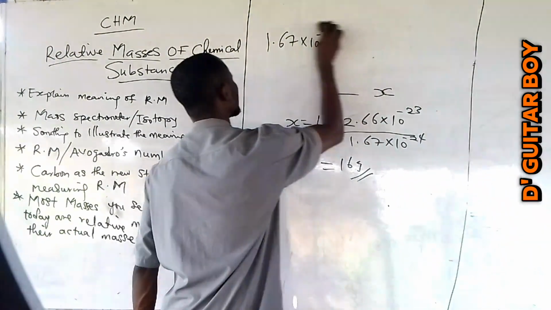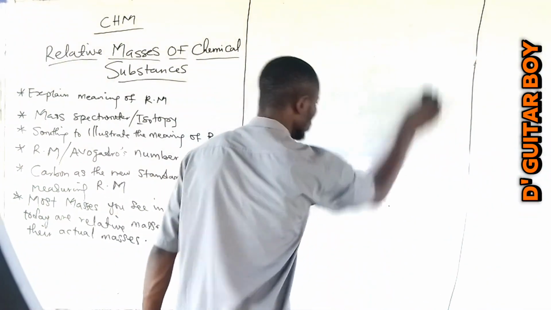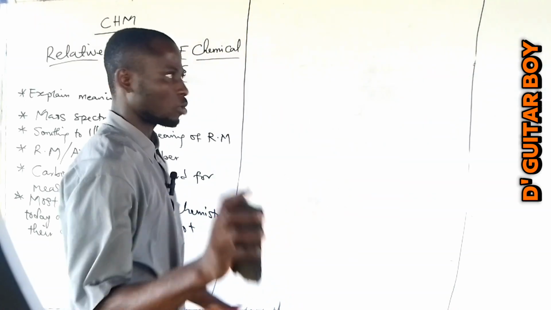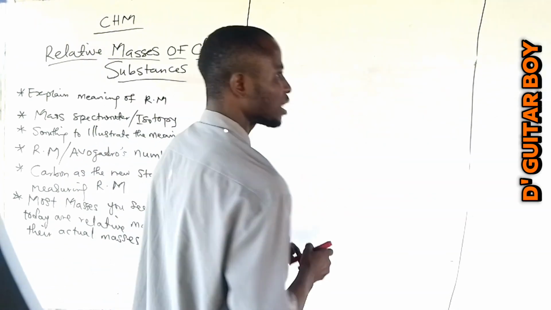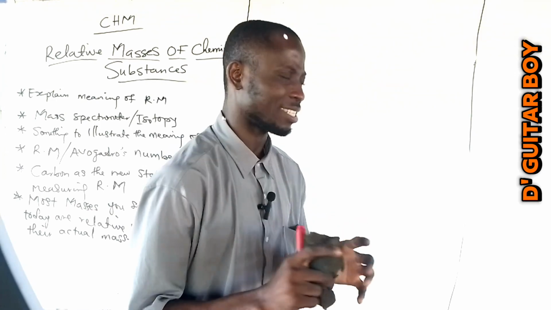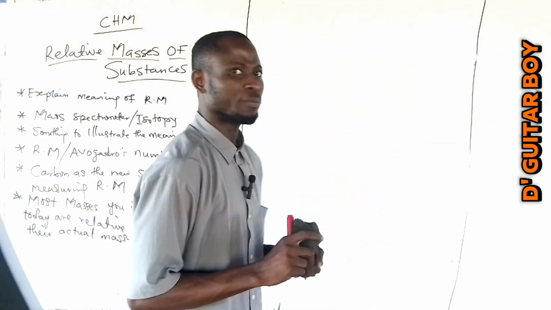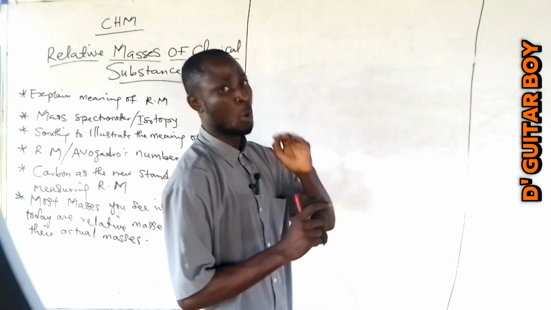Now, if we use carbon today, look at what happened. Carbon is not the lightest. Hydrogen is the lightest. And mind you, you know from the beginning that we want all our values to be from 1 and above.